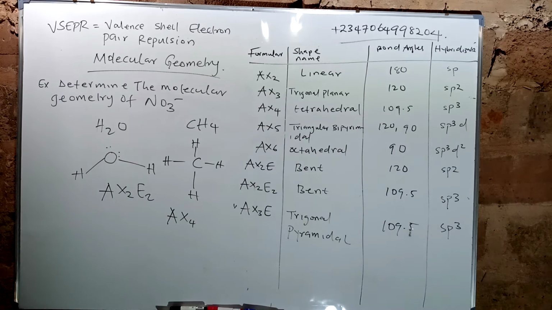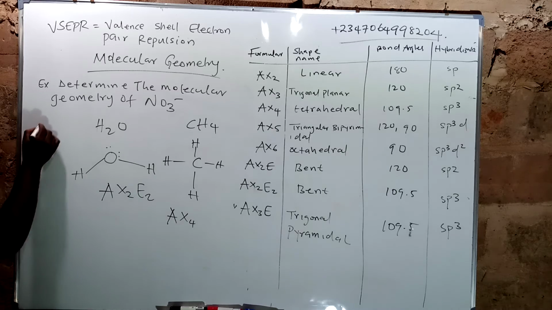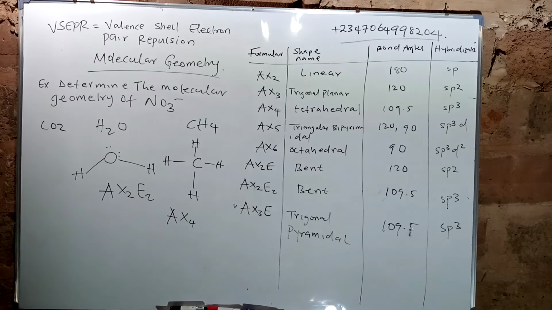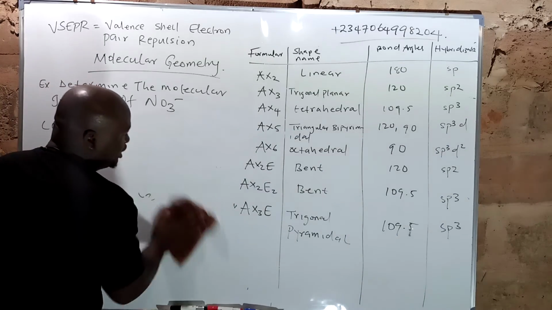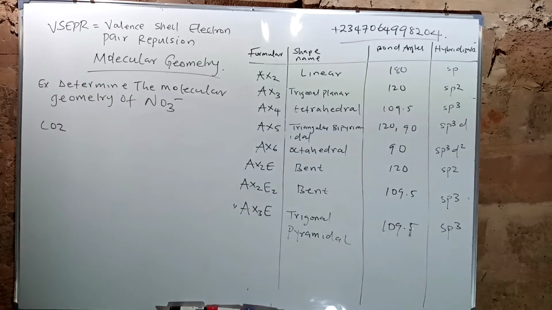So let me give you one to do. Please, what you have to do right now is pause the video. What is the molecular geometry of CO2? What is the bond angle, and what is the hybridization?